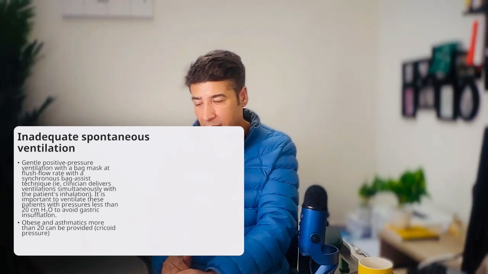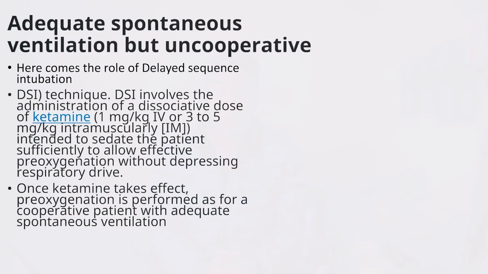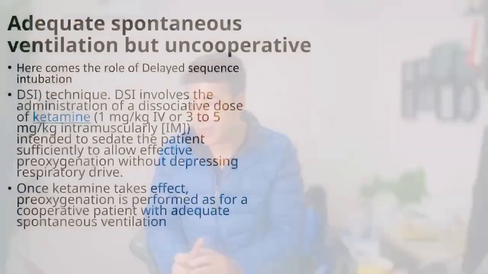pre-oxygenation. Now, the third case: a patient who is breathing spontaneously but is non-cooperative. What can you do in this situation? Here comes the role of delayed sequence intubation. Now, what is delayed sequence intubation?